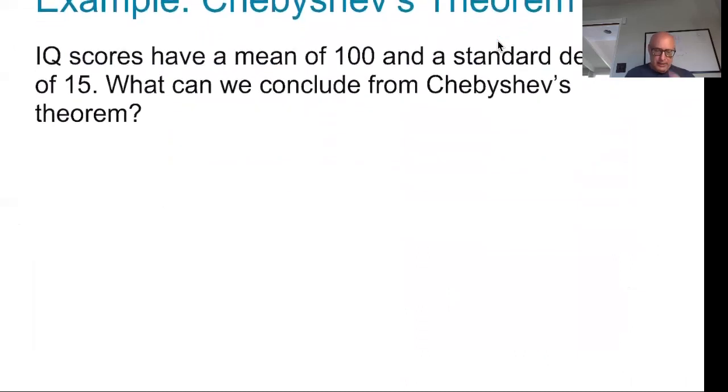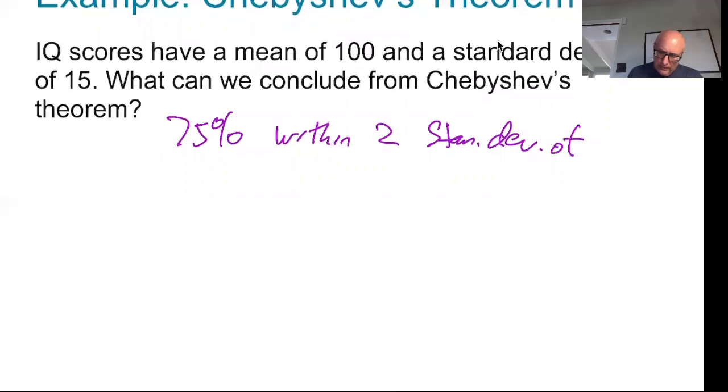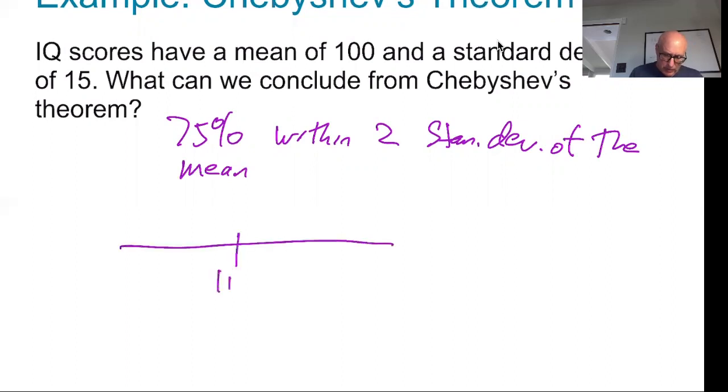Well, if I do that, 75% within two standard deviations, and that's my abbreviation, of the mean. That's what we just did. In the middle was 100.